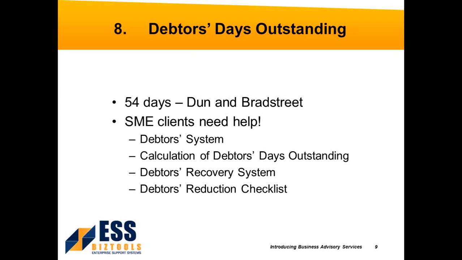Within ESS BIZTOOLS, we have a debtors system which will assist in calculating debtors days outstanding, has a recovery system, debtors reduction checklist, material that you as the accountant can utilize to offer a debtors management system for your client. And the system also includes a debtors system manual that you can badge with your firm's name, and make it available for a fee to your client.